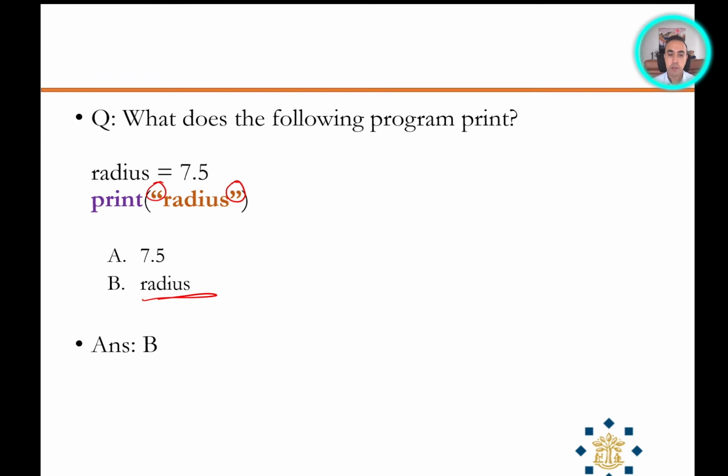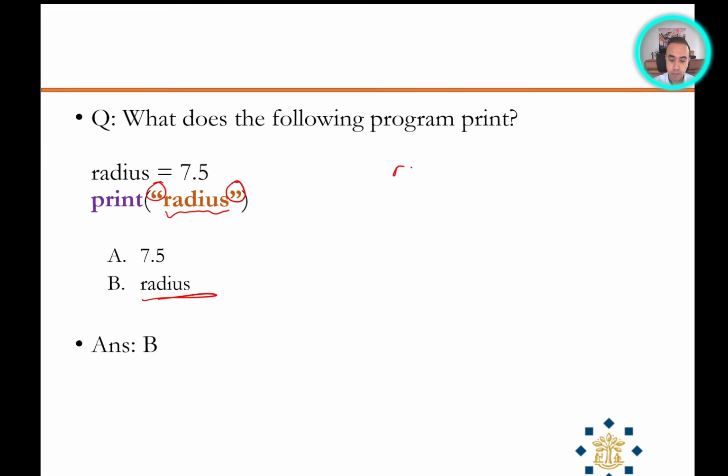Remember last week we printed hello world. Instead of hello world, we have radius here. If you enclose a text with double quotation marks, it prints whatever is inside as text, as is. It doesn't print the value.